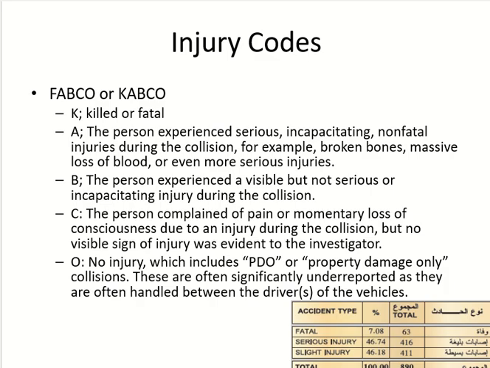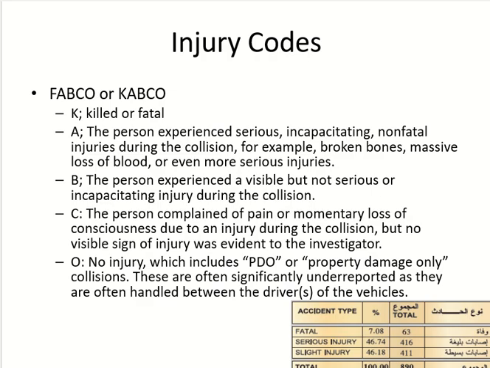This is according to the result of the accident. So there is a classification of how the accident happened, and a classification of what happened because of the accident. That is called the KABCO or FABCO scale, which is according to the result of the accident, also called the injury code.